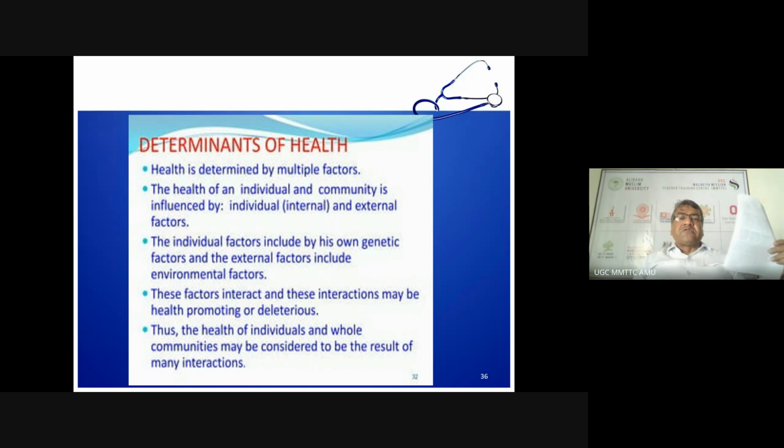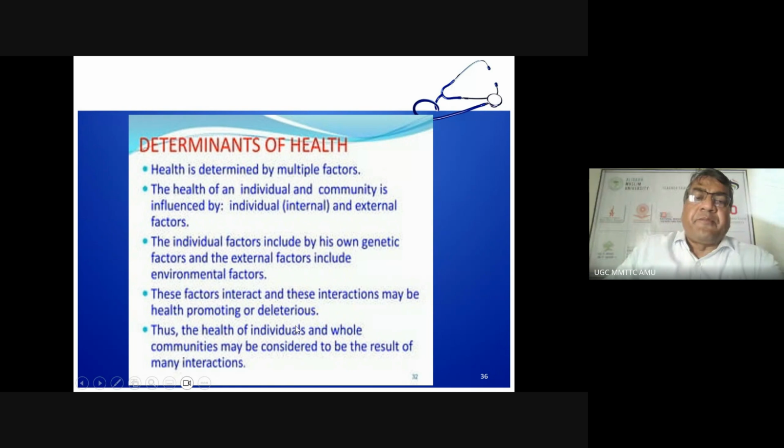Internal factors include his own genetic factors, and external factors include environmental factors. These internal and external factors interact, and this interaction may be health promoting or deleterious. Thus, the health of the individual and the whole community may be considered the result of many interactions.